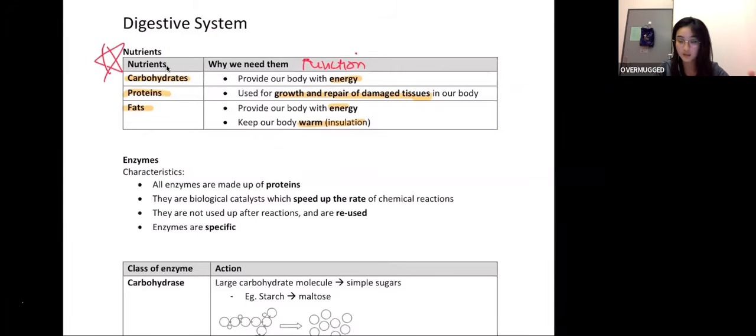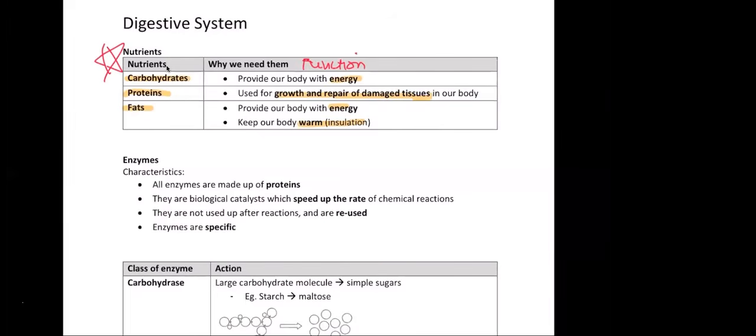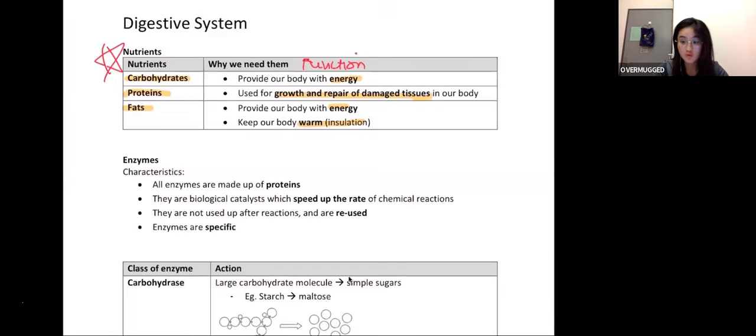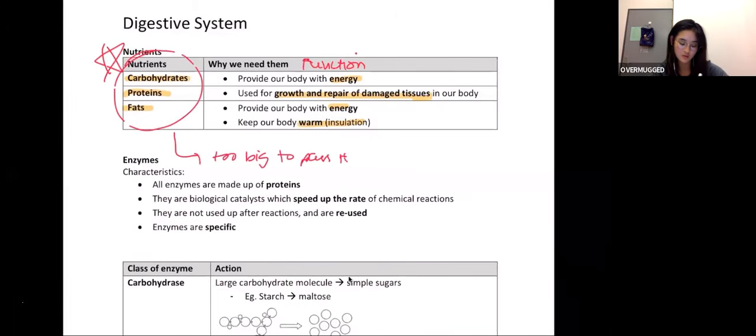All right, next important thing, they will ask you, why do we need to digest? Why can't I just have these carbs enter my cells directly and provide us with energy? Why do we bother digesting them into simpler molecules? The reason we digest is because these nutrients are too big to pass through the pores of the cell membrane.